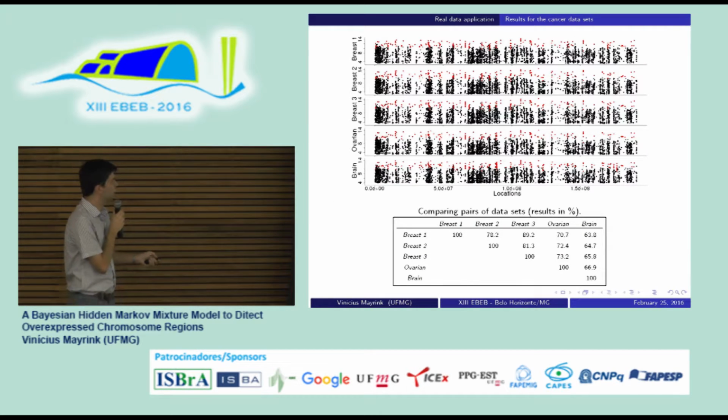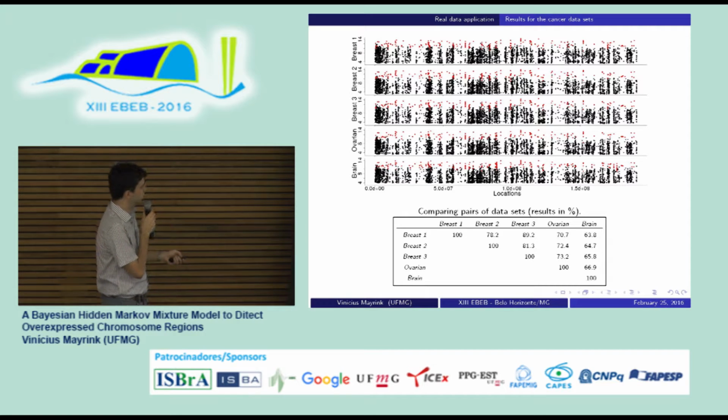Here are the locations in the chromosome. I guess it's chromosome 1. And you can see here in red those values considered the overexpressed values identified in the normal component in the mixture.